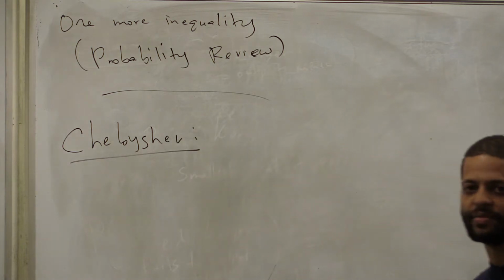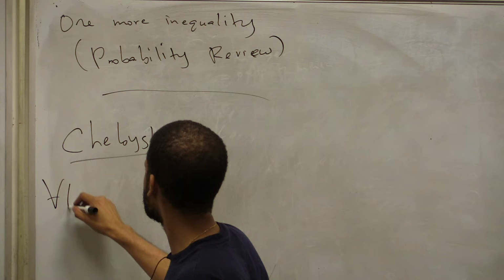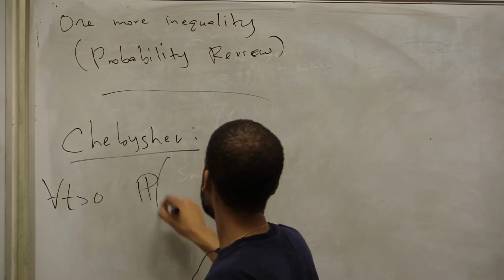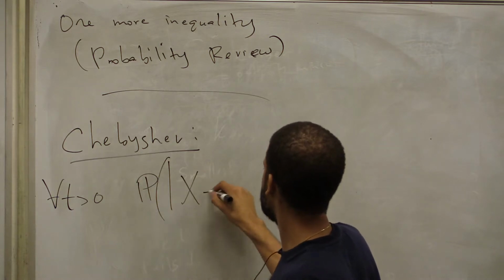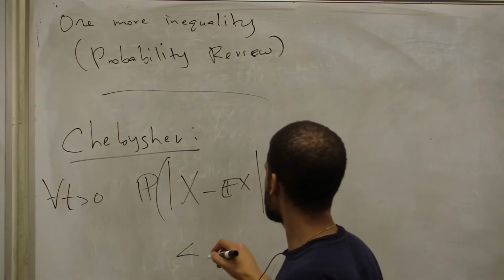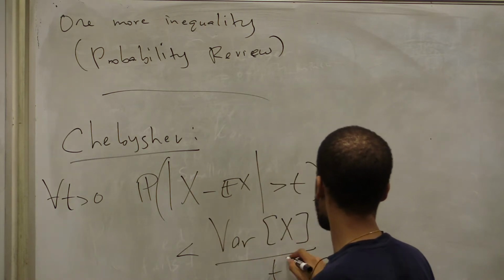So X is some random variable. And it says that for all t greater than 0, the probability that X deviates from its expectation by more than t is at most the variance of X divided by t squared.